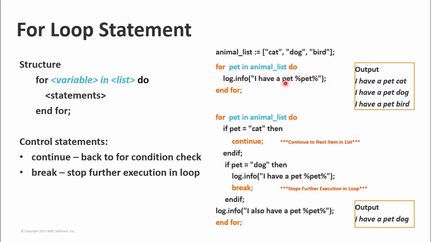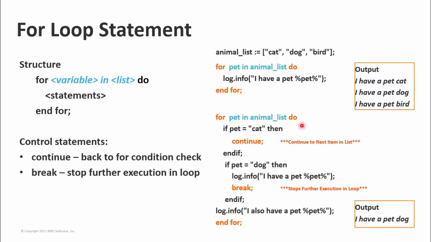This pet is just a string in my log message, but this pet here enclosed in % signs is the variable pet, which points to first cat, then dog, then bird. And so the output of this for loop is I have a pet cat, I have a pet dog, I have a pet bird.